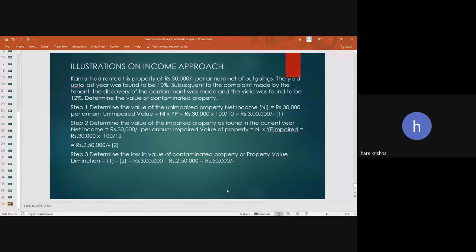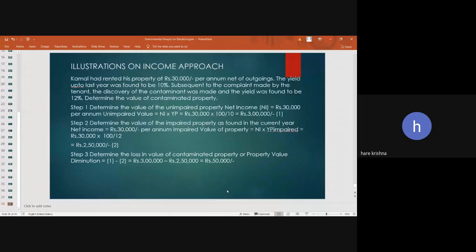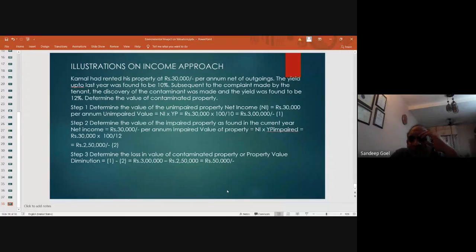The question is very simple, but I am just stuck on one word. It asks to determine the value of the contaminated property. Net of outgoings. Net of incoming or outgoing? Is rent incoming? Net of outgoing means after deducting all the outgoings, this is the net income. After deducting all the outgoings, this is the net residual income with Kamal.